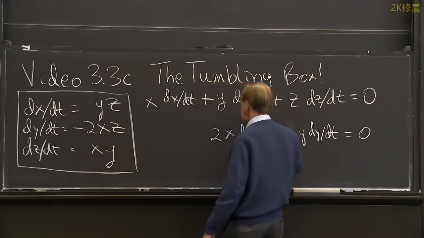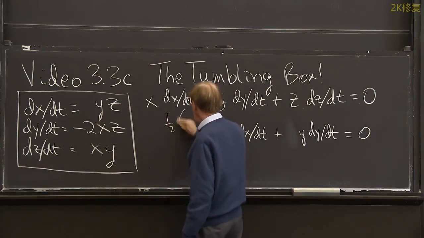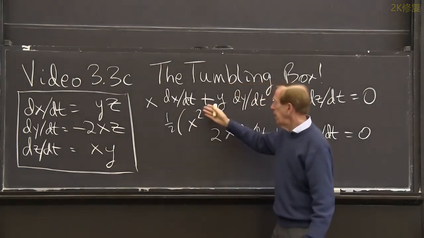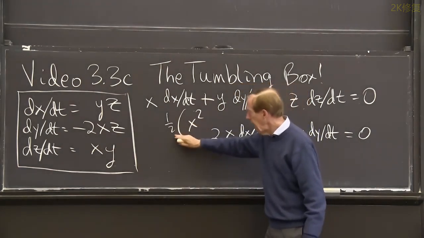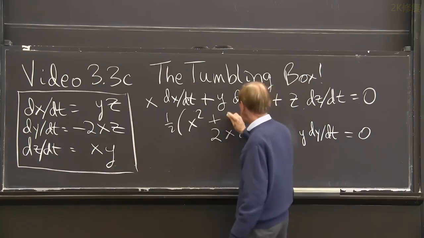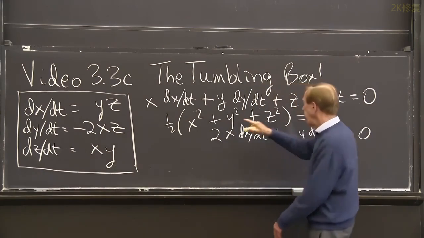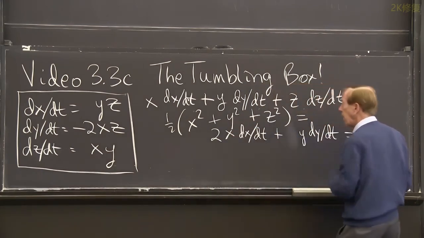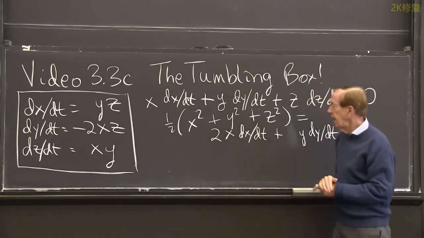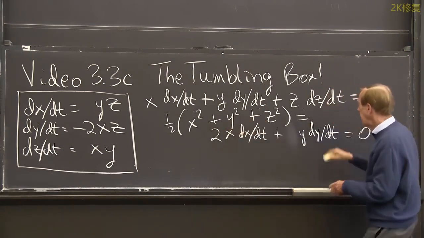That whole business would be the derivative of a half of x squared plus y squared plus z squared, because the derivative of x squared, with a half, will be x dx/dt. The derivative of that line is just this line. It's 0. So this is a constant.